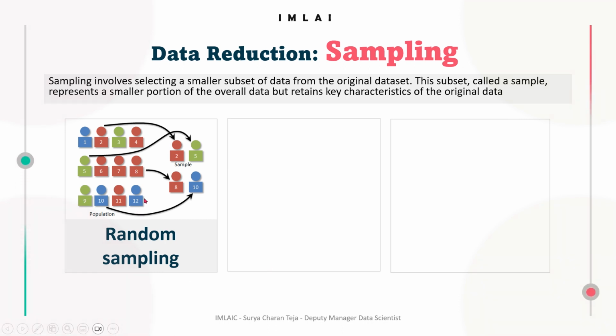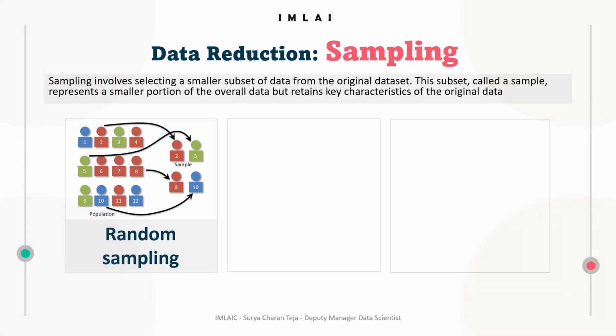You can see on the screen, this is your original data set, this is your population, and from this a random subset of data points is selected without any specific criteria or pattern. This can be useful when the data set is large and representative of the overall population. The goal is to reduce the data size while retaining the general characteristics of the data.